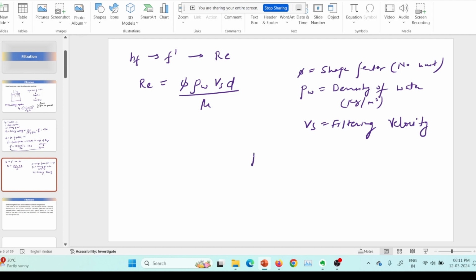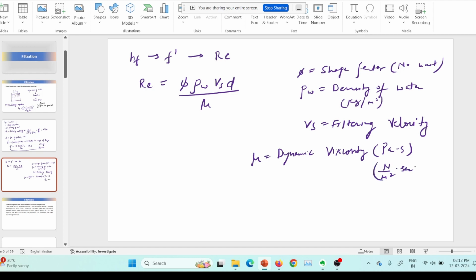Mu is the dynamic viscosity, its unit is Pascal second or Newton second per meter square.